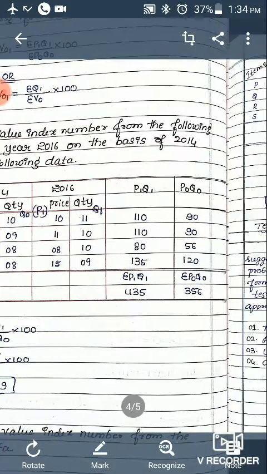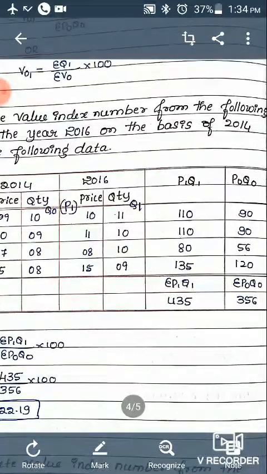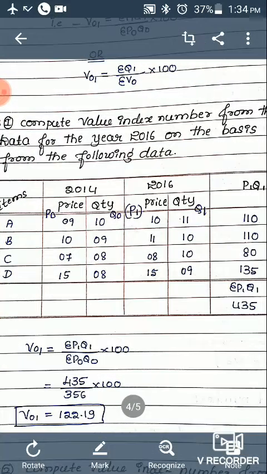The second, P0 Q0. We need sigma P0 Q0. That can be found by multiplication of base year price and base year quantity. Now P0 Q0, so base year price and base year quantity should be multiplied commodity wise.